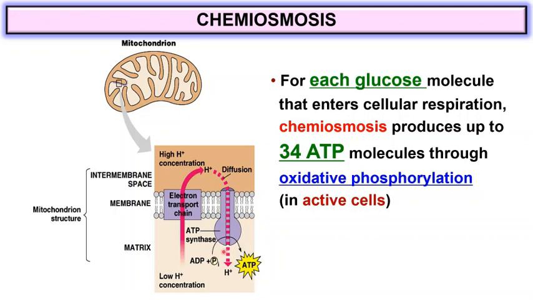During chemiosmosis, there is diffusion of H+ from a high concentration region to a low concentration region through ATP synthase, and ATP synthase will catalyze the formation of ATP. The total amount of ATP produced in this way, oxidative phosphorylation, is 34 ATP in active cells.